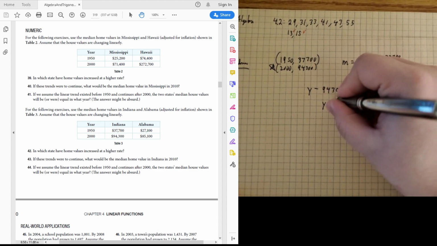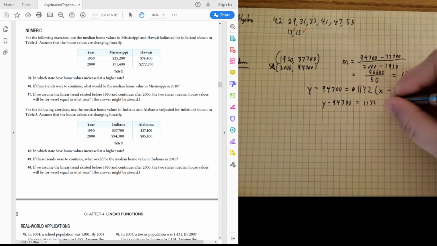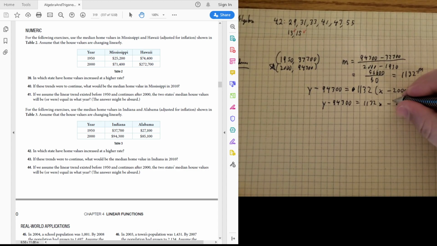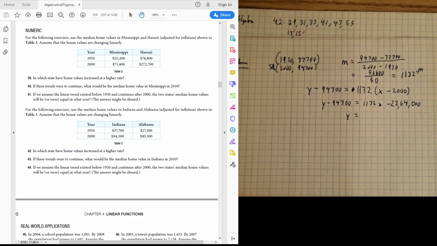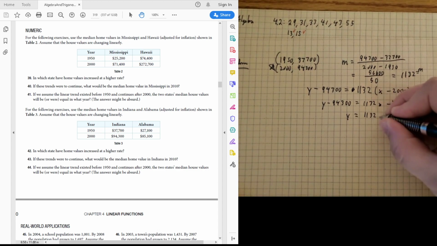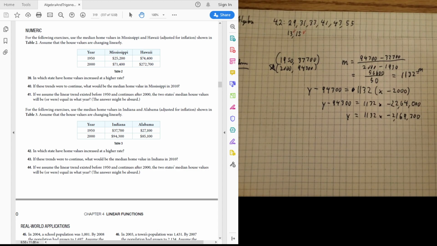So y minus 94300 equals 1132x minus 2264,000. And I'm going to add that number over. I get this answer. Y equals 1132x minus 2169,700. Okay, this is my equation.